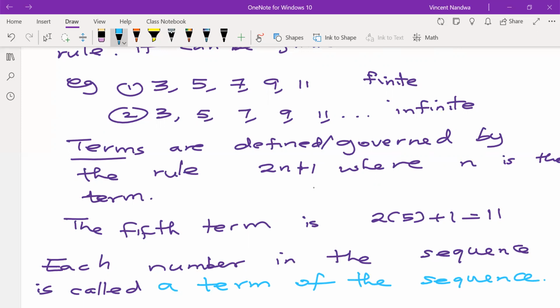Each number in a sequence is called a term of the sequence.